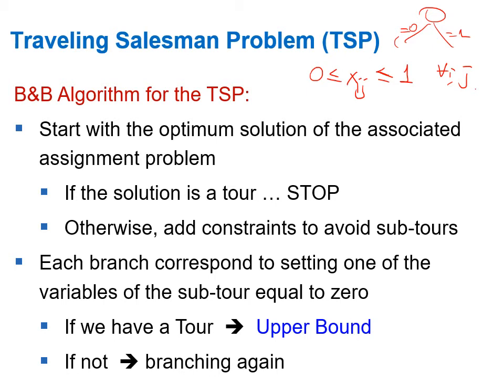But here, when the number of cities is too large, the number of subtour elimination constraints is too large. It means that even if you relax the problem in this way, it is still not easy to write all the subtour elimination constraints because there is a huge number of them.